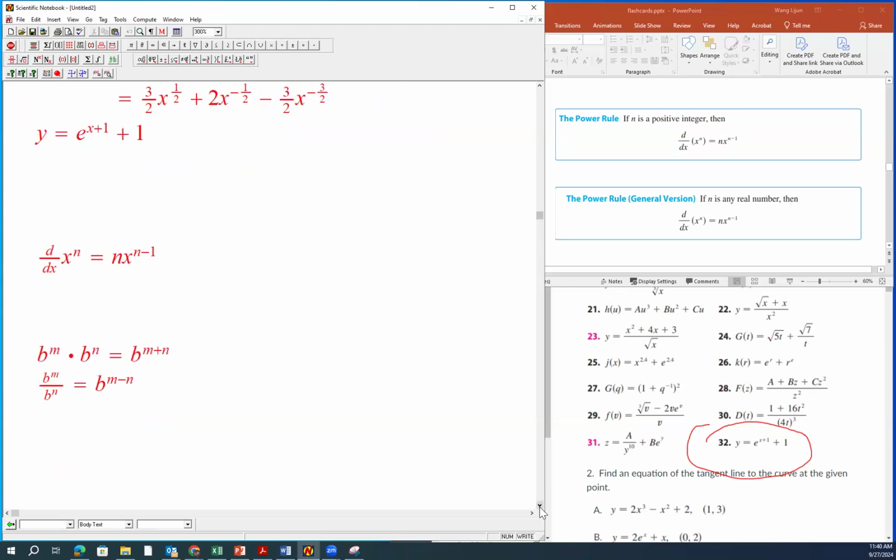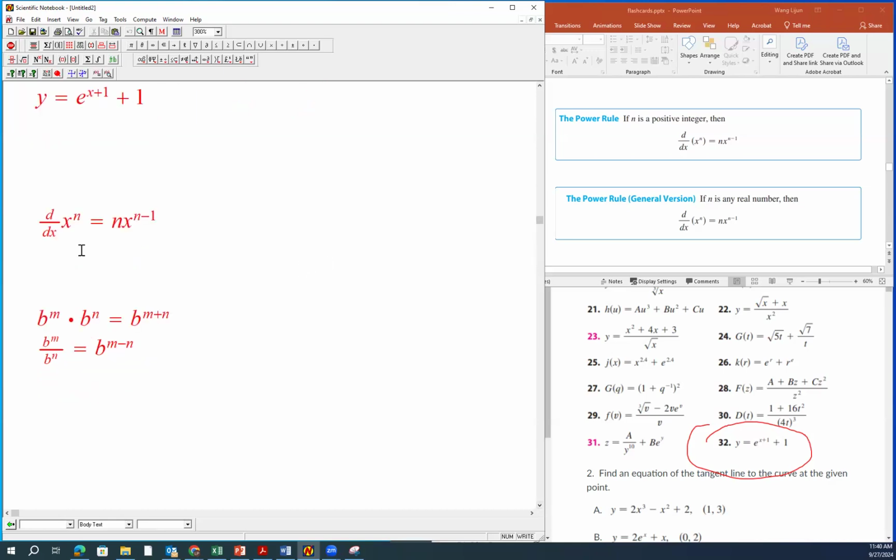Apparently, power rule does not apply here, right? Because power rule is where the base is a variable, with respect to x, with respect to the base. And we have an e, right? So it's more like the derivative of e to the power x.